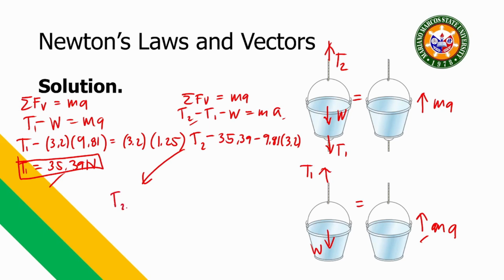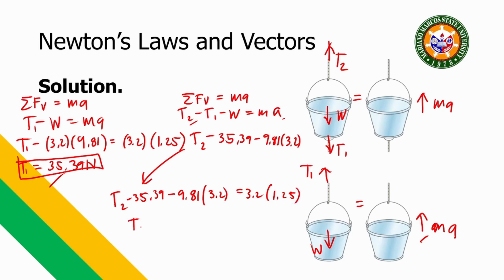So T2 minus 35.39 minus 9.81 multiplied by 3.2. So, gravity multiplied by mass is equal to the mass of the object, which was 3.2, multiplied by the acceleration, which is 1.25, accelerating upwards.